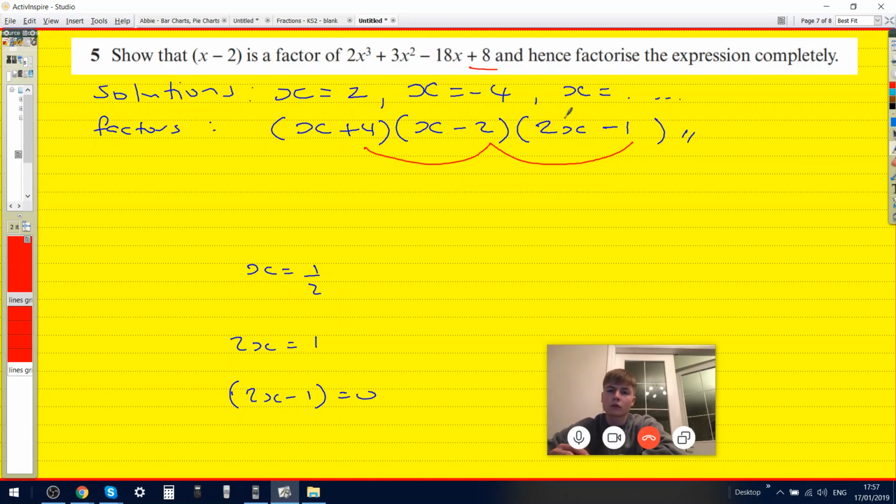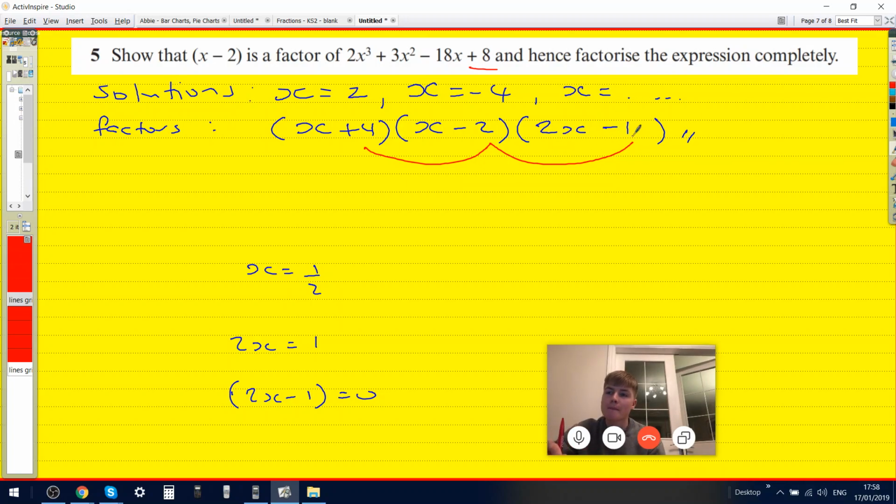And then to get the third bracket, how did we get 2x for the third bracket? It was, we looked at what there was in the question, yes, which was 2x cubed, and looked at what we need to times the first 2 by to get to what's in the question. That's it.